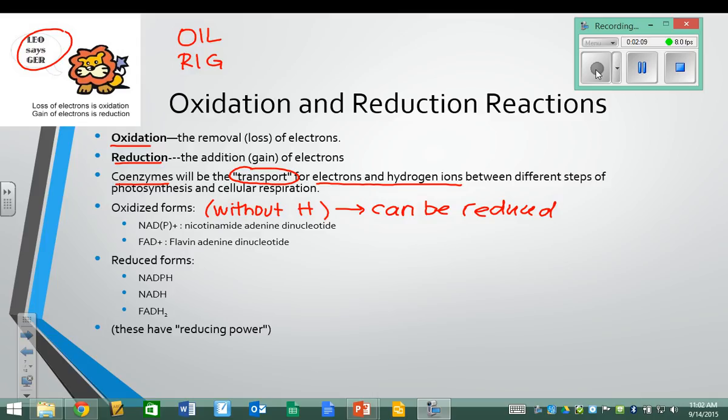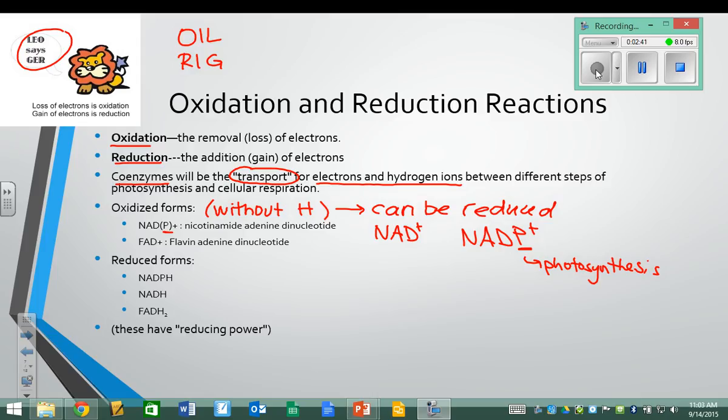So the first molecule is NAD, and then you'll see in brackets I put a P. That's because there are actually two varieties of this molecule. There's NAD positive and NADP positive. The one with the P is for photosynthesis. The one without the P is used in cell respiration.